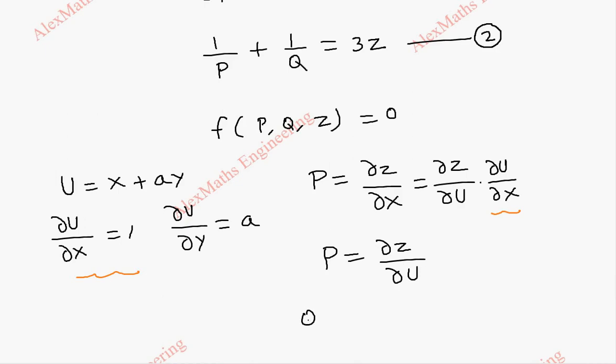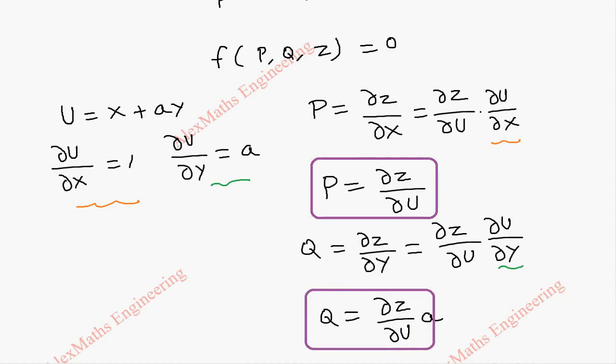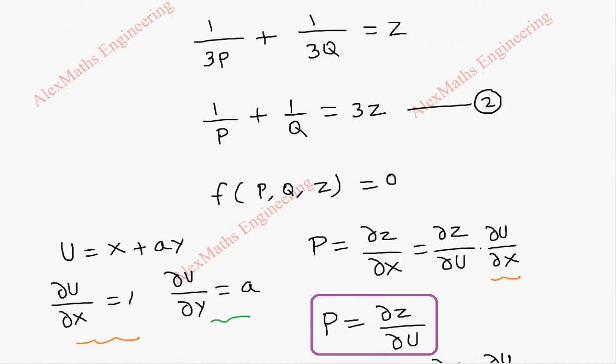In the same way, capital Q is dou z by dou capital Y, which is dou z by dou u into dou u by dou capital Y. Once again, using this value dou u by dou capital Y as A, we are getting capital Q as dou z by dou u into A. Now we got P as dou z by dou u and Q as dou z by dou u into A. And these two we are going to substitute in equation 2.